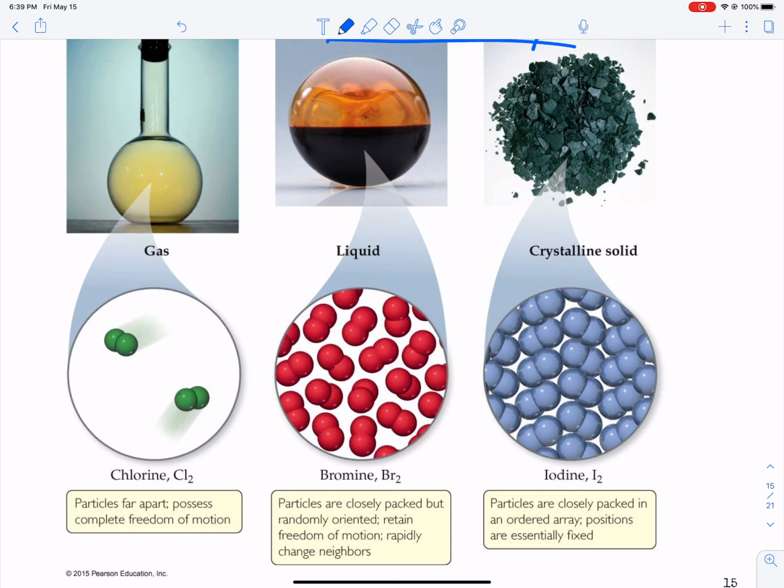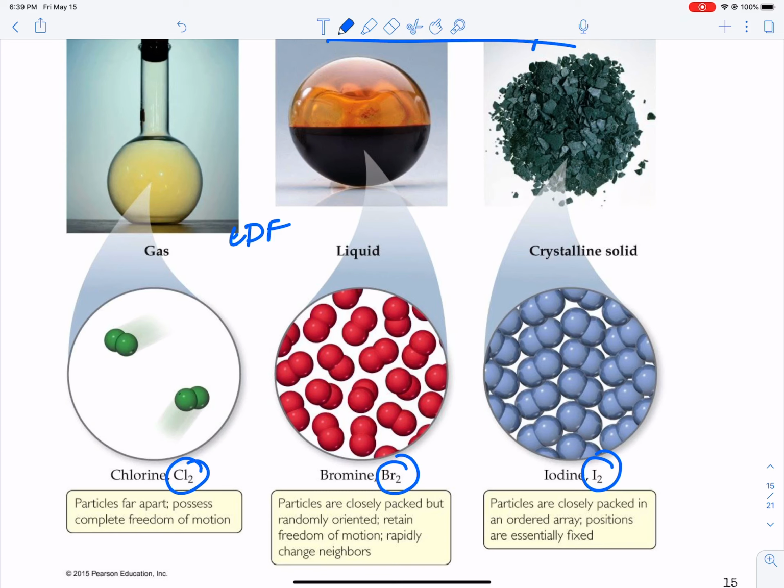It's all about their intermolecular forces. All of these have the same intermolecular forces, London dispersion forces. That idea of a molecular solid, it's London dispersion forces.